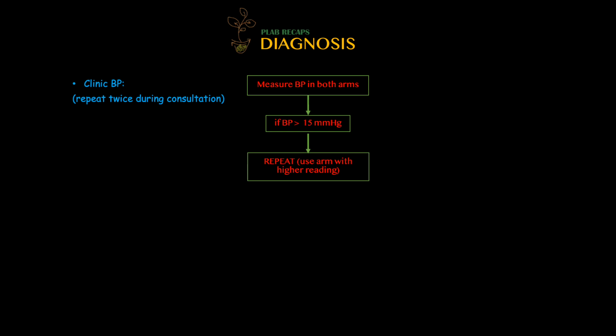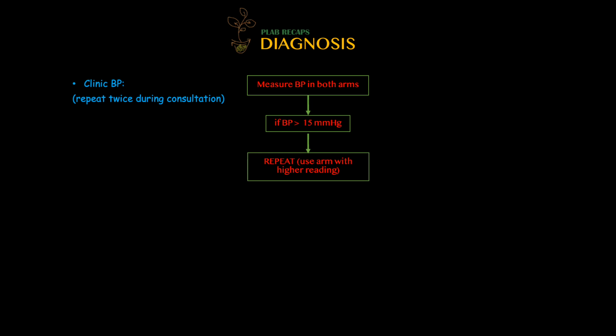When a patient comes to you, make sure that you measure blood pressure in both arms. If the difference between the two arms is more than 15, just repeat the process and use the arm with the higher reading for future blood pressure measurements. If the clinic BP reading is high, then just repeat the clinic BP reading again during the consultation.